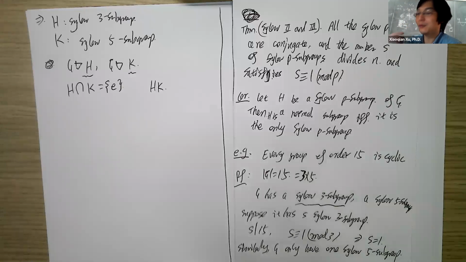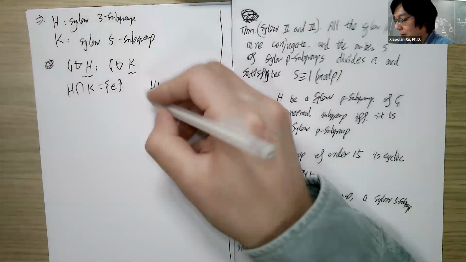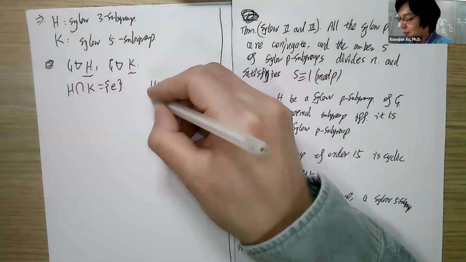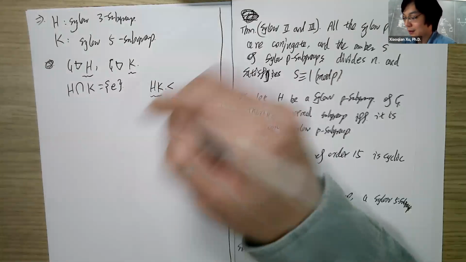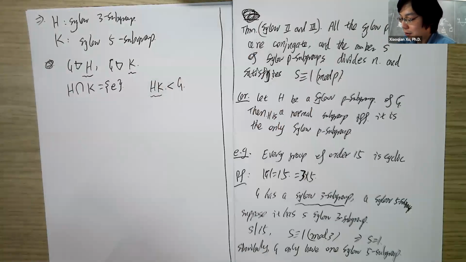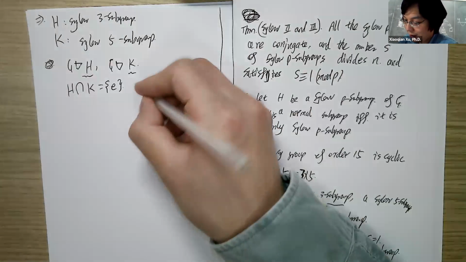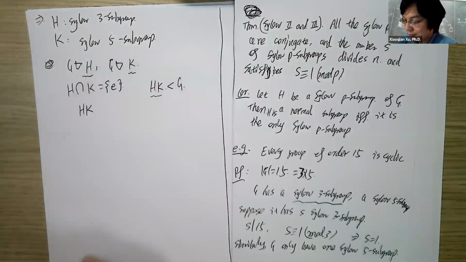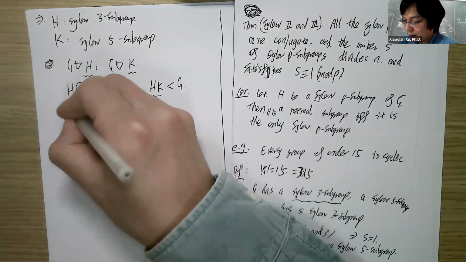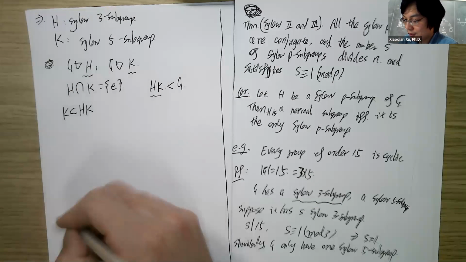Or you can also compute it without that formula, because we didn't prove that formula. You can say that this is actually a subset of G. We do know that K is a subset of HK, and H is also a subset of it.